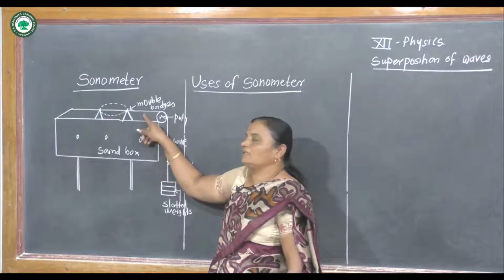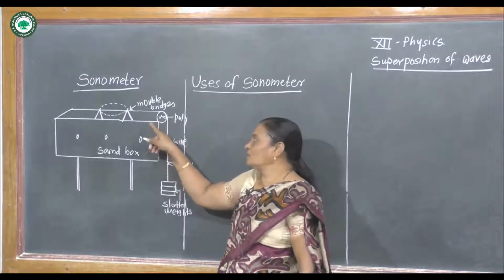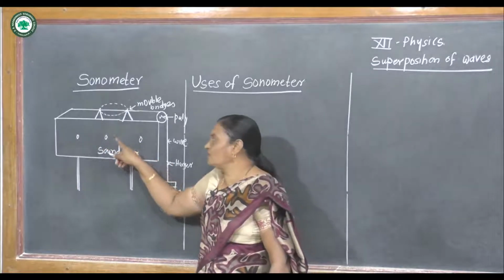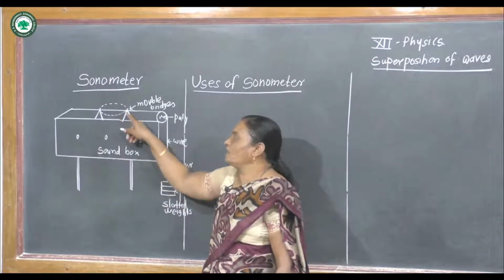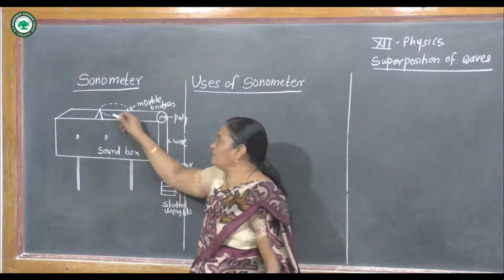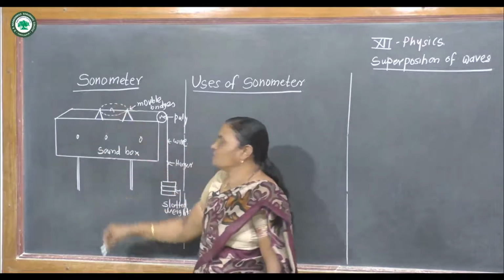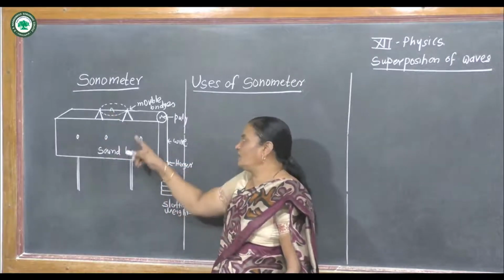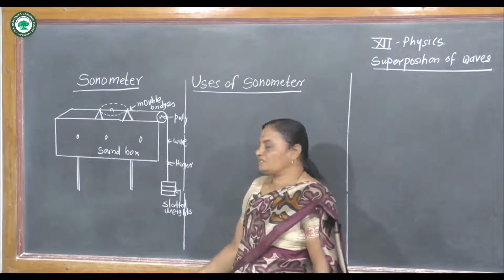Then when the frequency of the tuning fork is exactly equal to the natural frequency, the wire vibrates with maximum amplitude and the paper rider falls. The length is called the vibrating length, and this vibrating length is L.